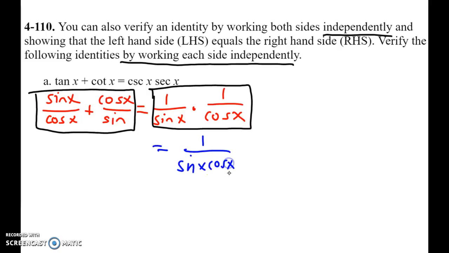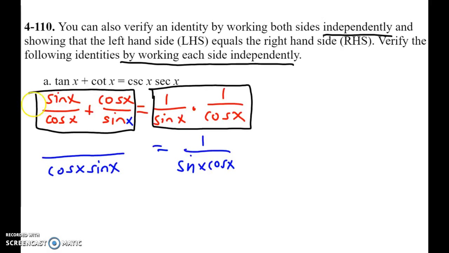They just multiply right next to each other. In this case here, my denominator is going to be cosine times sine. Oops, I forgot my x right there. So cosine x sine x, which is equivalent to this other one, so we're doing pretty well.